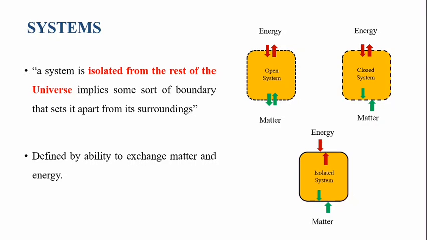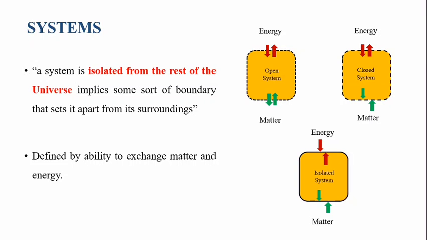So actually, what is a system? We usually use a concept of system to study the complex problem, and there are so many definitions. So to explain easily, I will say that it is defined by the ability to exchange matter and energy.